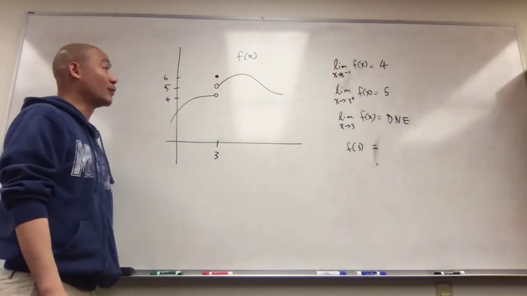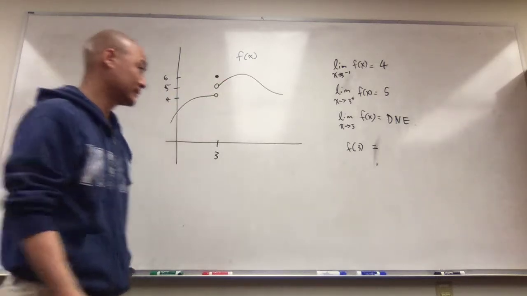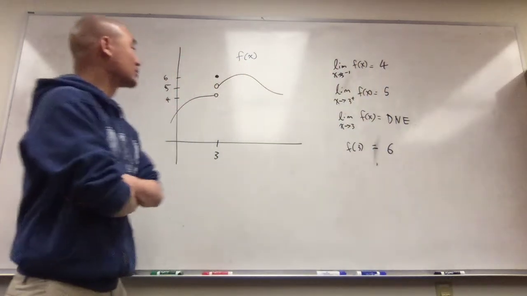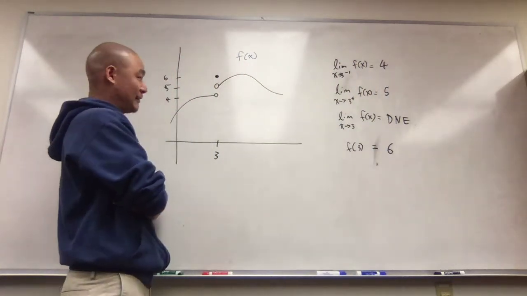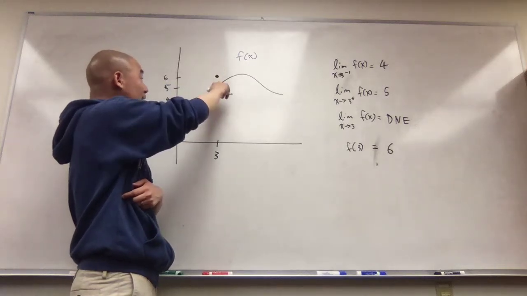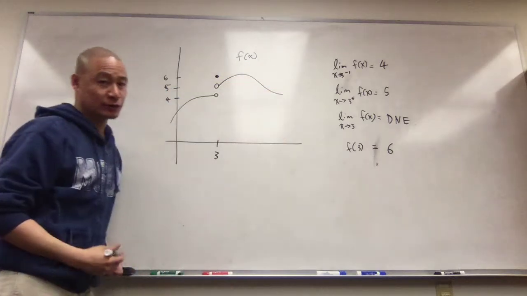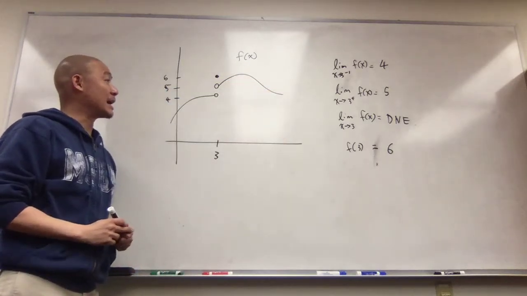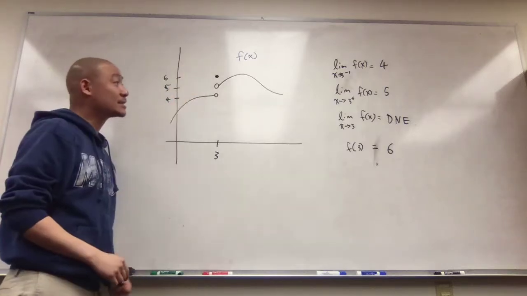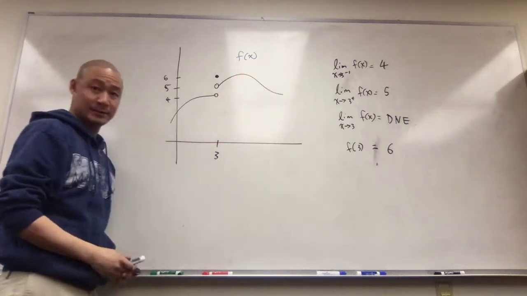And finally, what's f of 3? It's 6. Right? So this is a very weirdly behaved function. It gets closer and closer and closer to 3, and it jumps up to 6 and immediately jumps back down to right above 5 and continues on its way there. But that 6 does not reflect either this limit nor that limit.